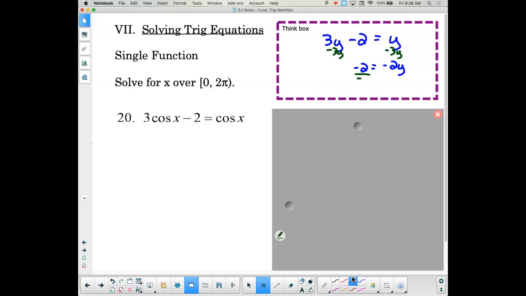Divide both sides by negative 2, and you get 1 equals y. That's no different than over here. That's as hard as it gets for now. So over here, I'm going to subtract 3 cosines.